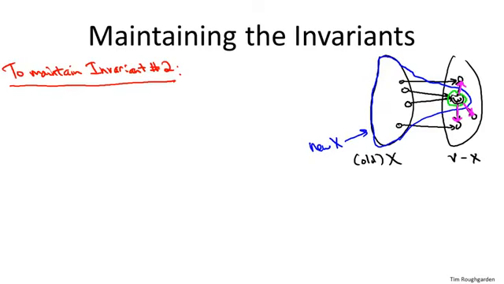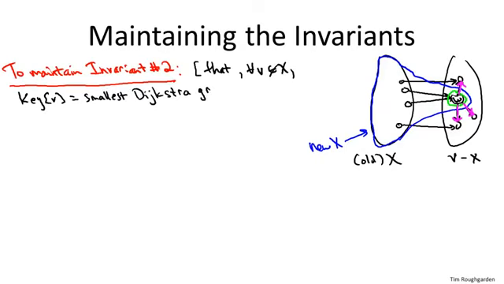To see why it's tricky when new edges all of a sudden are crossing the frontier, let's remember what invariant number two says. It says that for every vertex which is still in the heap, which is not yet in X, the key for that vertex better be the smallest Dijkstra-Greedy score of any edge which comes from capital X and sticks into this vertex V. Now, in moving one vertex into X, namely this vertex W, there can be new edges sticking into vertices which are still in the heap.